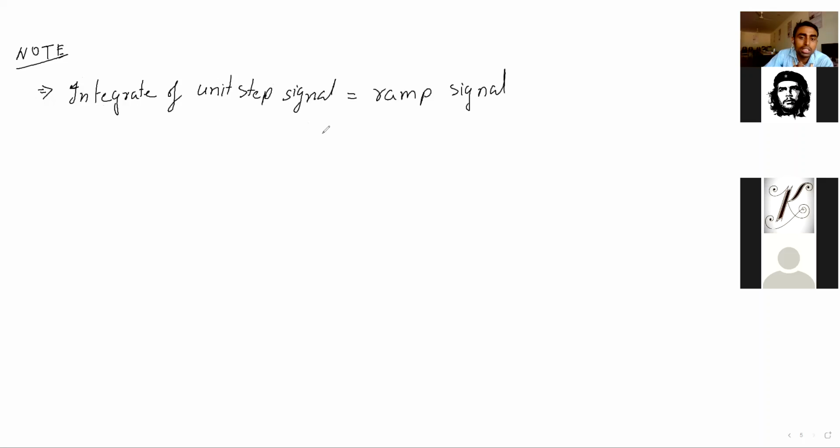Integrating the unit step signal gives the ramp signal, or conversely, the unit step signal can be obtained by differentiating the ramp signal.